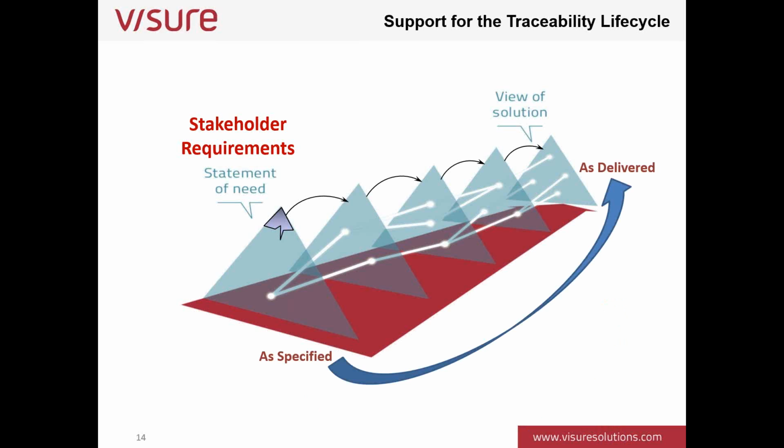If I can go to the next build, yes. So we move from what I term a documented view, from the as specified system to the as delivered system. And it's important that we maintain the documented view ultimately of the system as it's representing what is delivered rather than what was specified.